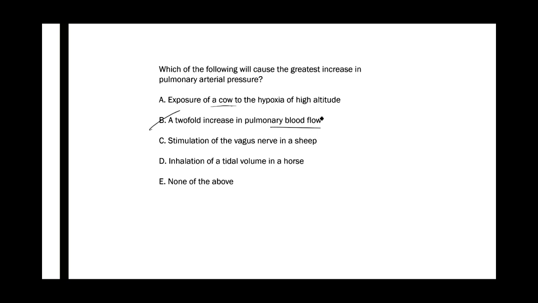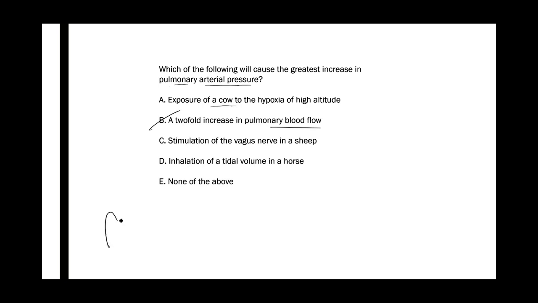And remember, that's a good thing, because during exercise, for instance, we increase heart rate. You're increasing the cardiac output of both ventricles, but of the right ventricle in this case. So you are increasing the pulmonary blood flow during exercise. But it's a very good thing we don't get an increase in pulmonary arterial pressure from that, because the pressure gradient is there so that blood can flow from the heart to the lungs.